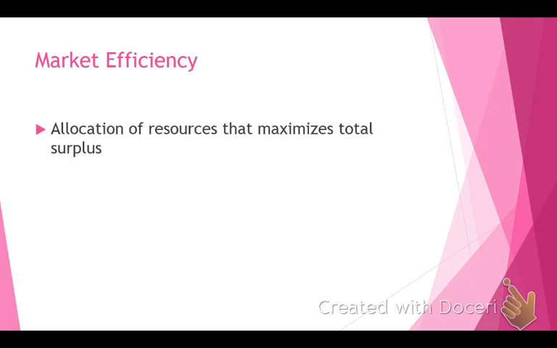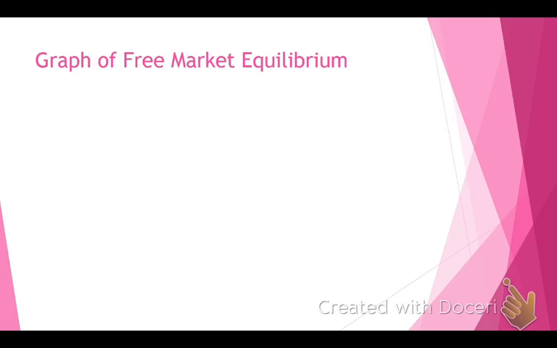So the market allocates enough painters to the want of the homeowners to have their house painted, so that that allocation is maximizing total surplus.